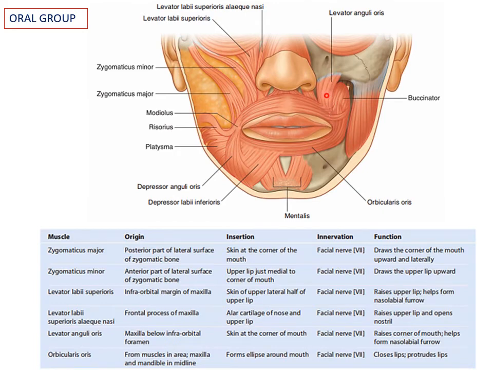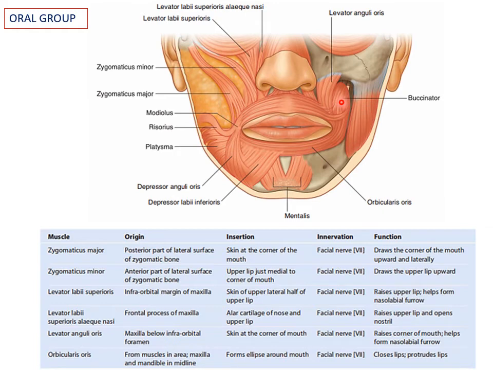It is supplied by the facial nerve, and it raises the corner of the mouth and helps in the formation of the nasolabial furrow.